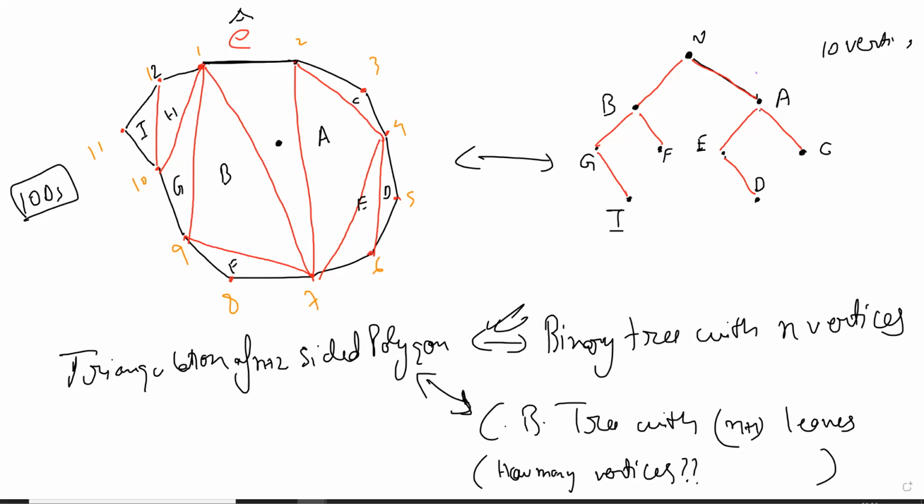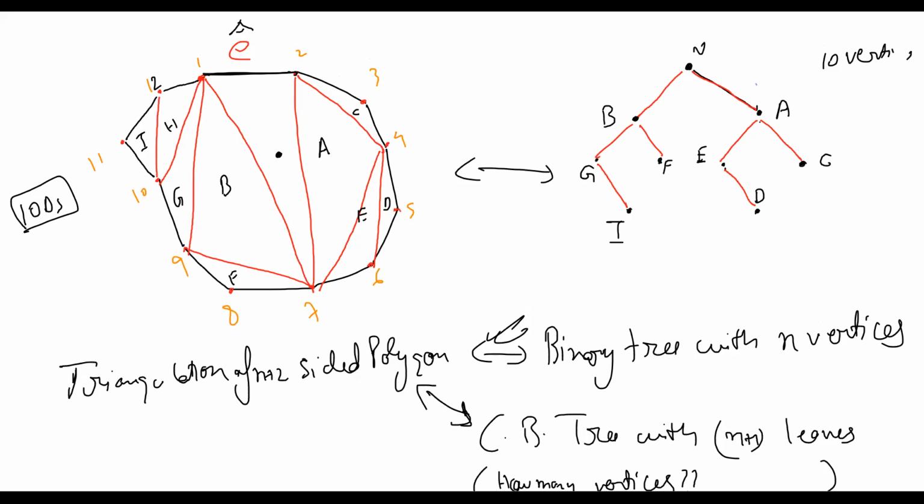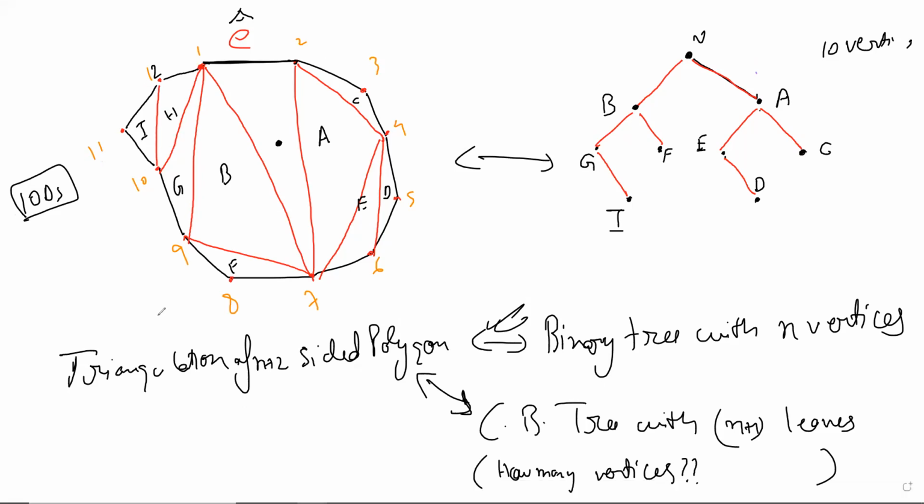So basically, we need the connection. I want to see if maybe the triangles have to correspond to leaves somehow, right? The triangles have to correspond to the leaves of some tree.